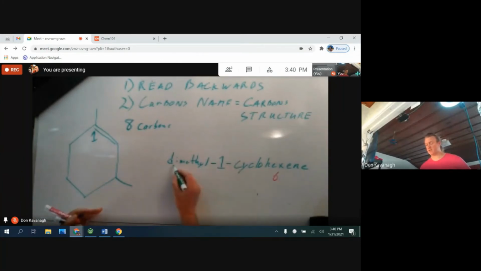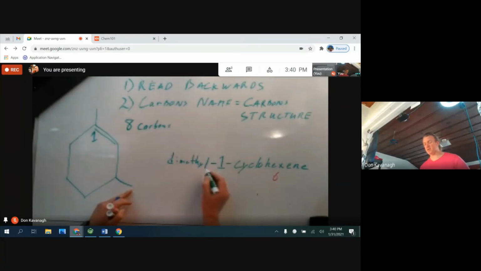So di meaning 2, methyl meaning there are 2 that they are CH3s, and yl tells us that it's a substituent or a pendant that's dangling off the parent chain. This accounts for 2 more of our carbons. So our name here so far has 8 carbons.